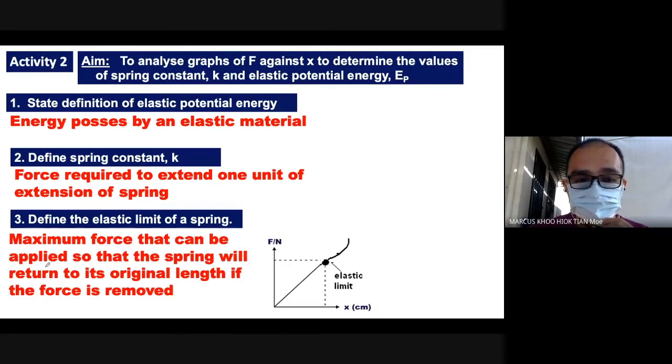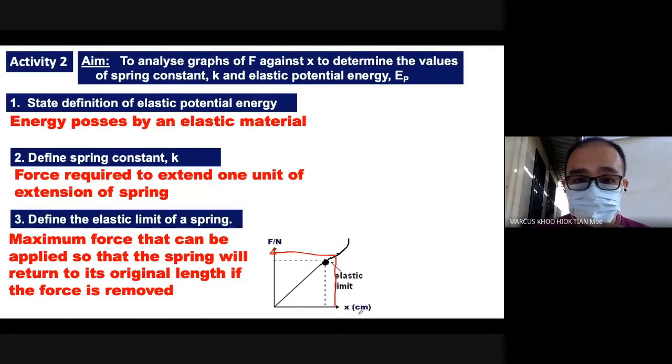The elastic limit is the maximum force that can be applied so that the spring will return to its original length if the force is removed. This is the maximum force that the spring will stay elastic. Kalau force itu melebihi di sini, contohnya di sini lah, if I put this amount of force, then the extension akan menjadi sangat teruk sudah lah, because dia sudah hilang dia punya elastic.